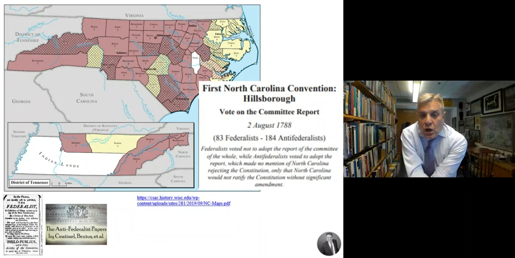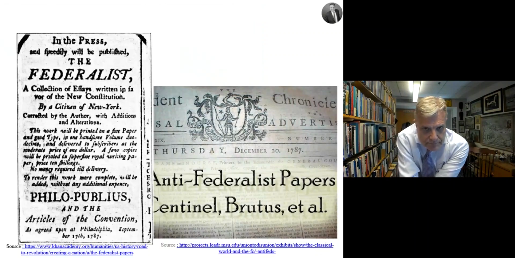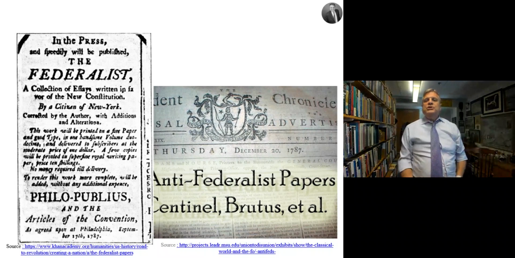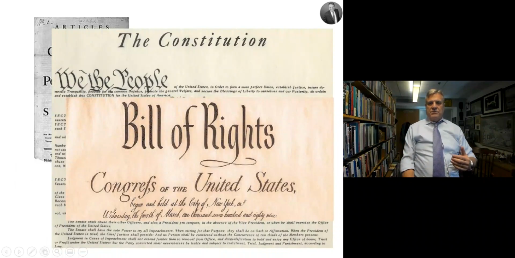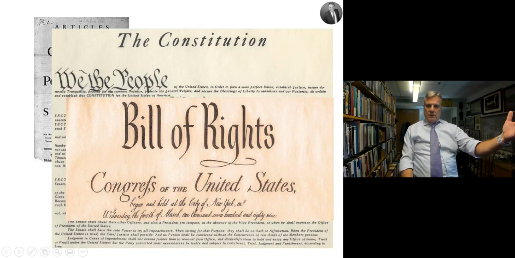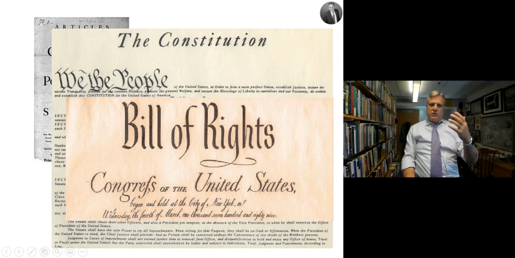Okay, so once you solve that problem and you get the clear agreement that, okay, we will ratify the Constitution, but we're also going to have a Bill of Rights, then you get ratification. So, we shouldn't just think of the Constitution as Article 1, 2, 3, etc. You have to think about it as the entire package, this agreement.